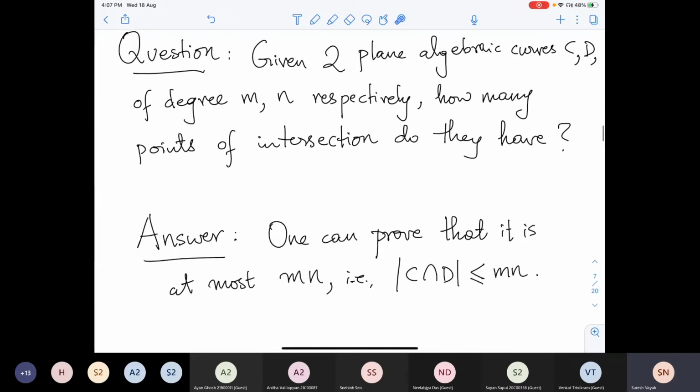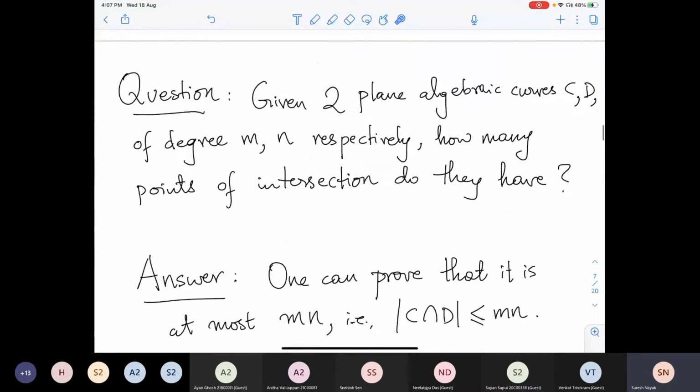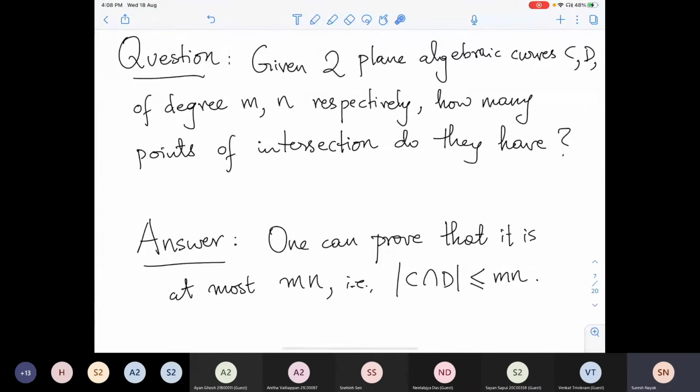And the sort of guess that we looked at is more generally here's the answer. One can prove it, it's not so difficult, but also not that easy that I can prove it in this lecture. So I won't do that. So one can prove that it is at most mn. So m times n.